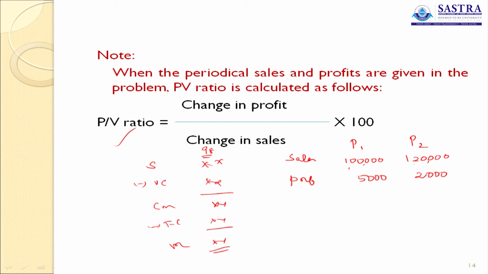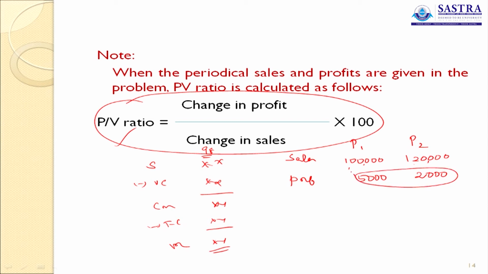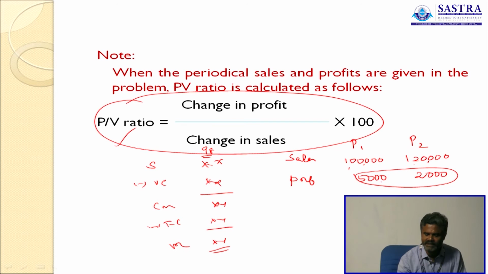Whenever this type of information is given in the problem, you have to use this formula for computation of PV ratio. Here you take the change in profit. Simply you apply the difference. What is the difference between these two figures, 5,000 and 2,000? The difference is 3,000. You don't worry about negative or positive.